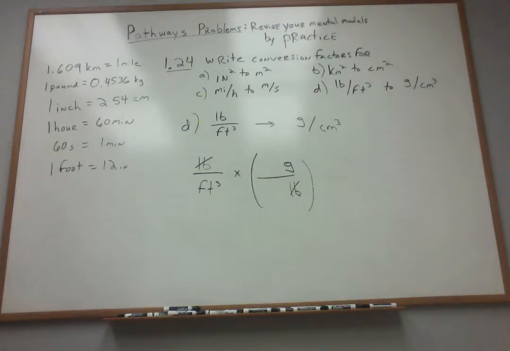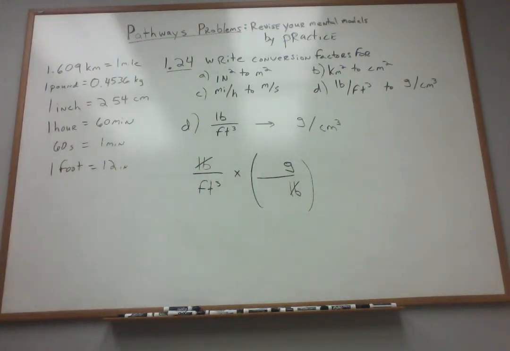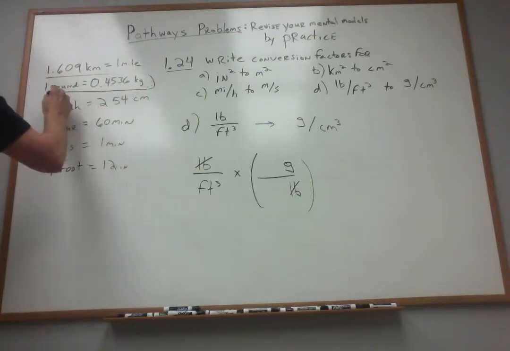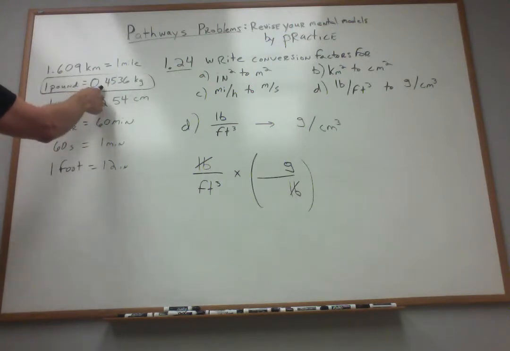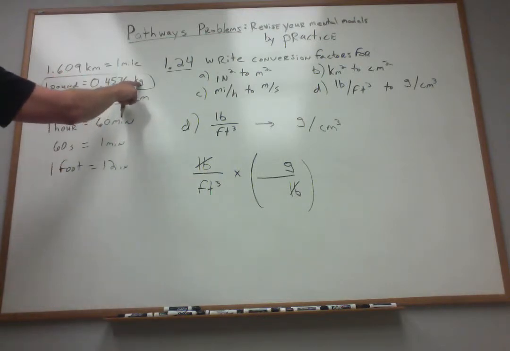Now the trick is that I need to know what numbers to put here. How do we relate grams and pounds? What's the conversion factor between these two units? Well, before I started this problem, I looked up in your textbook what that conversion factor is. It turns out that 1 pound is physically equivalent to 0.4536 kilograms. Now, this is the gram base unit, but we've got this kilo out in front.